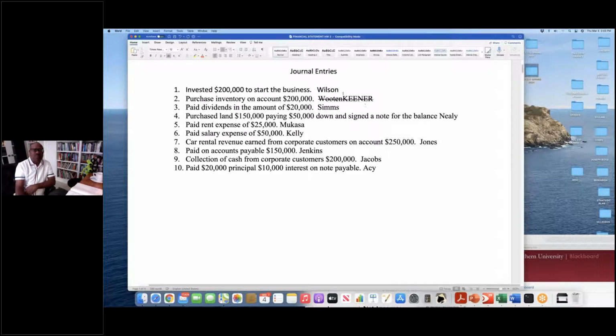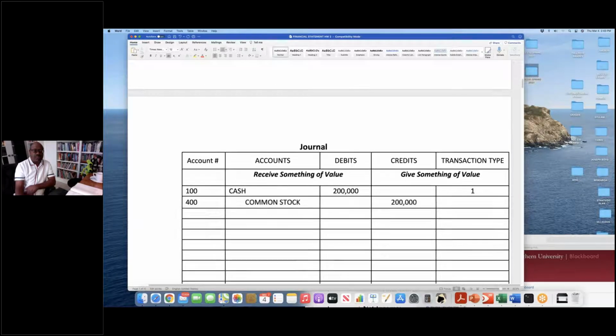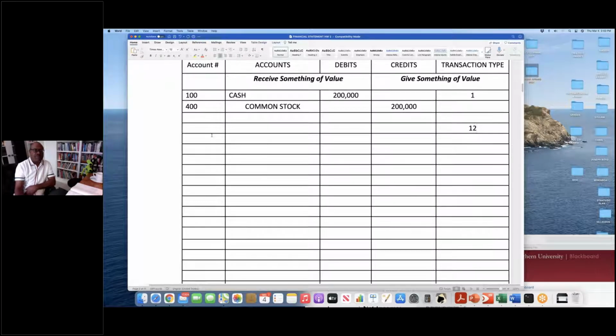The transaction type is 12. Account number is 120 for inventory and debit 200,000. And then account number 301 for accounts payable, 200,000 credit.